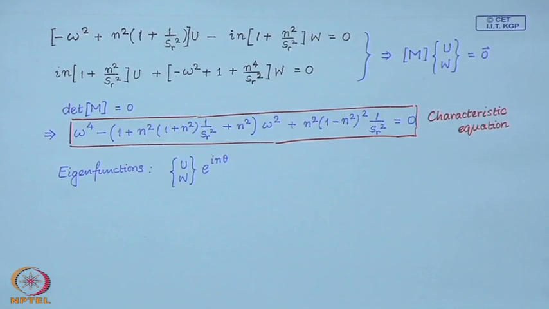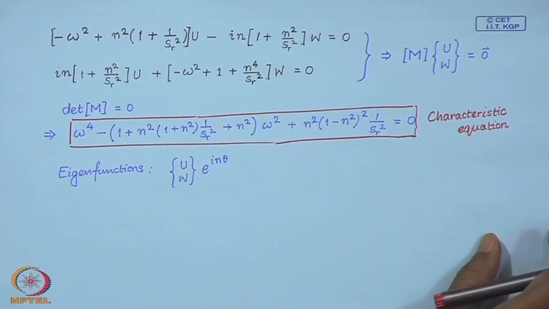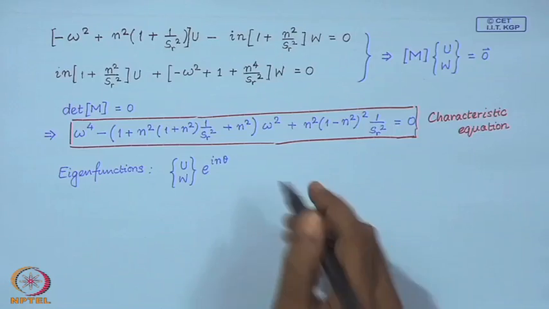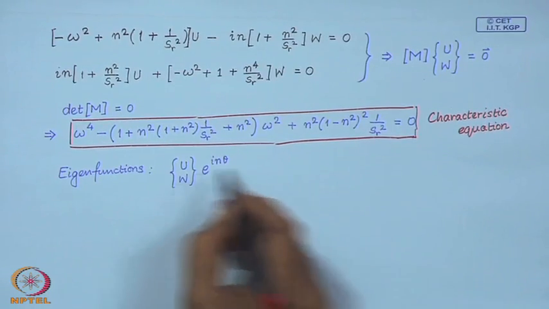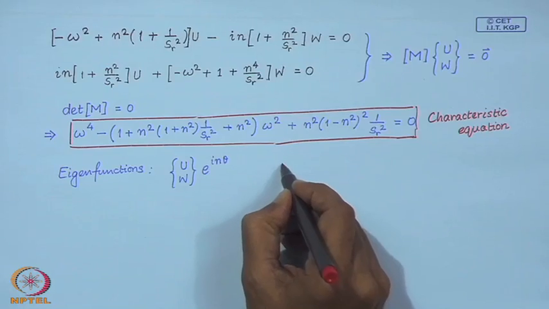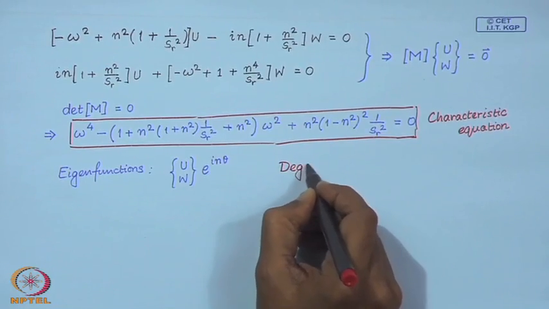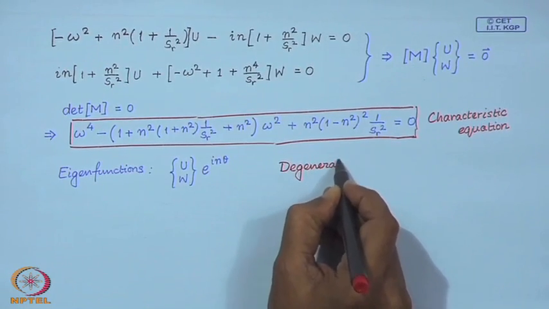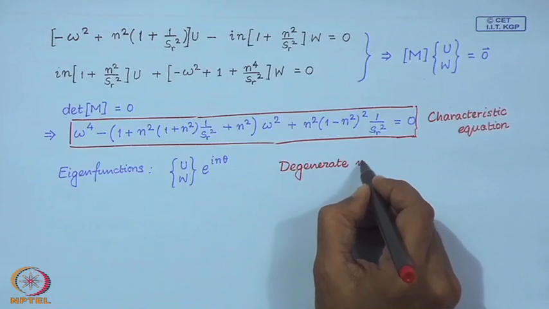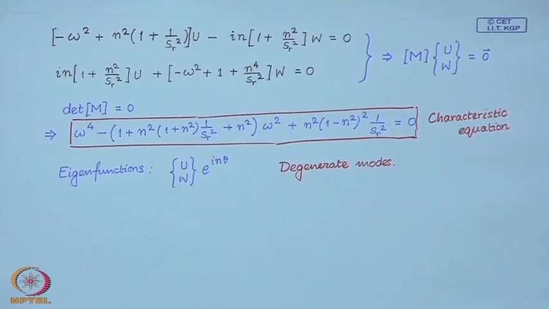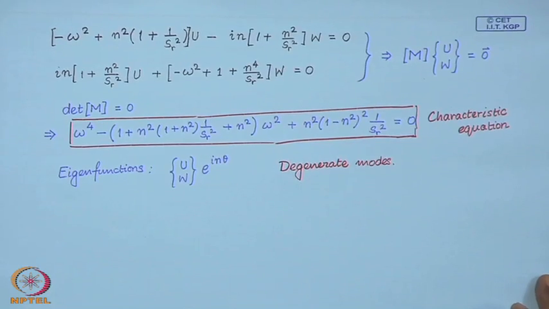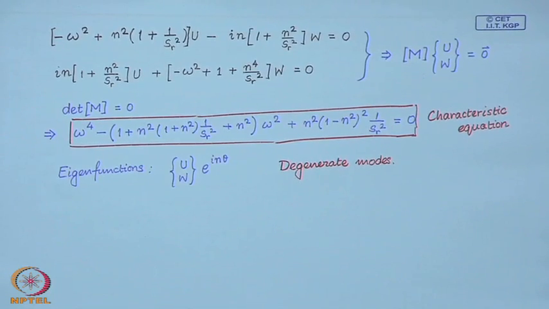This is called degeneracy. So, we have multiple eigenfunctions for a given eigen frequency.